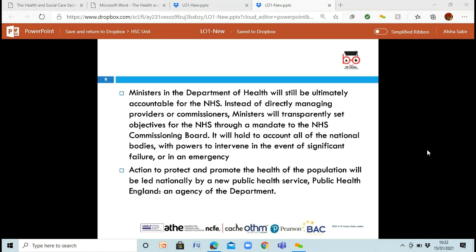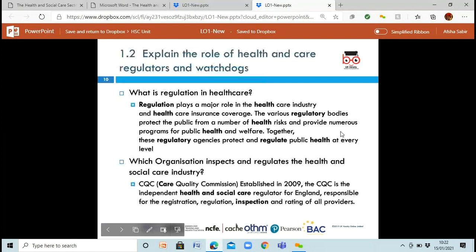Right, so if everyone's good, I'm going to go on to assessment criteria 2, which is explain the role of health and care regulators and watchdogs. With this, we're going to be looking at what regulators actually are and what watchdogs are. So just to clarify it in the best wording, I'm just going to read through this little section here.